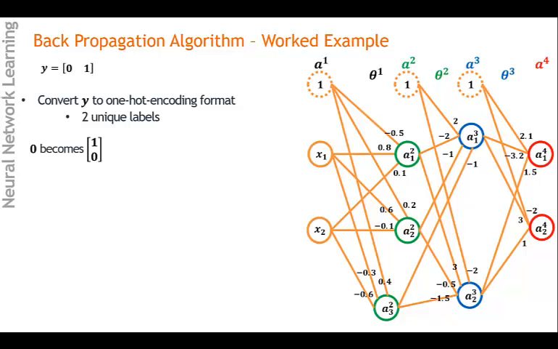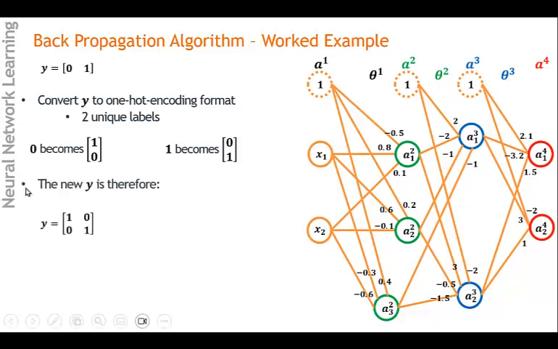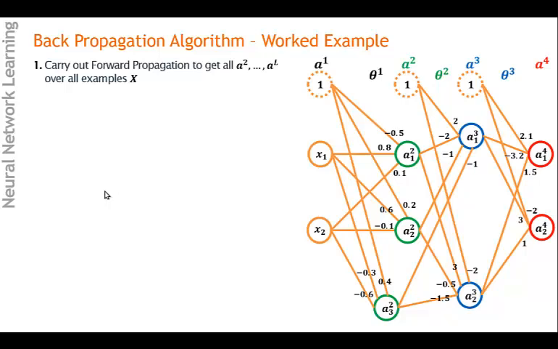He's actually not doing it the way he said before. Here he has two outputs, and he's using two outputs in his neural network. So he's going to encode 0 as 1, 0, and 1 he's going to encode as 0, 1. This is the one-hot encoding. This is the new target vector.